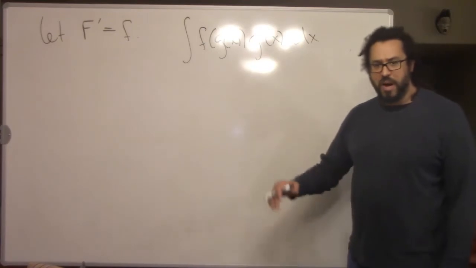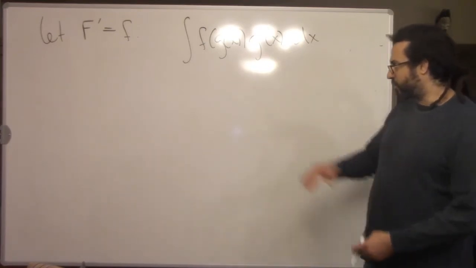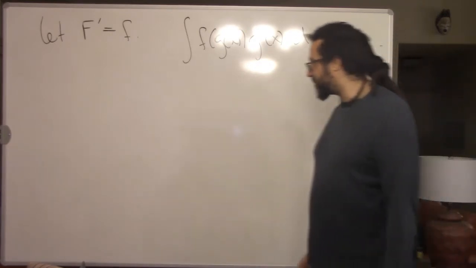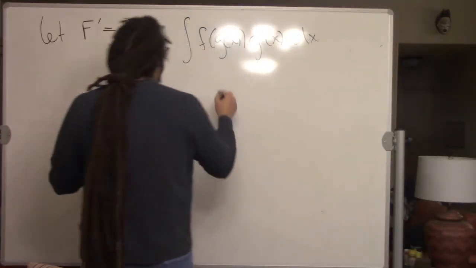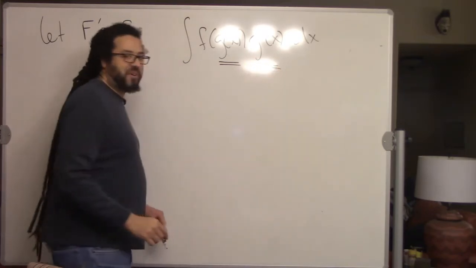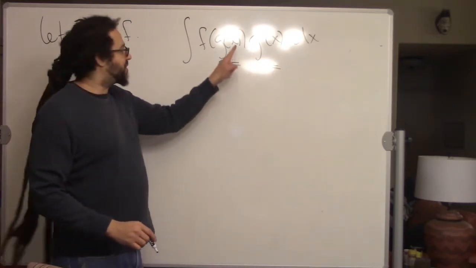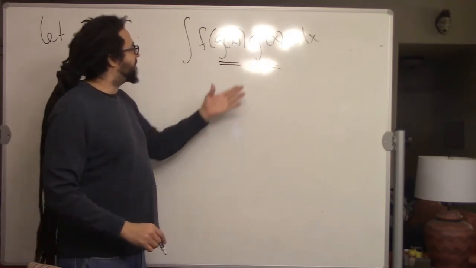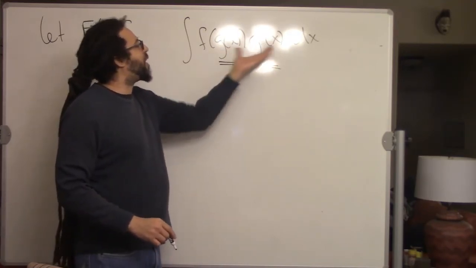All right, here's the process you're going to carry out in order to reduce one of these antiderivatives down to a simpler form. The key is to look at the function g of x along with its derivative. So g of x and g prime of x, there's two parts present here.